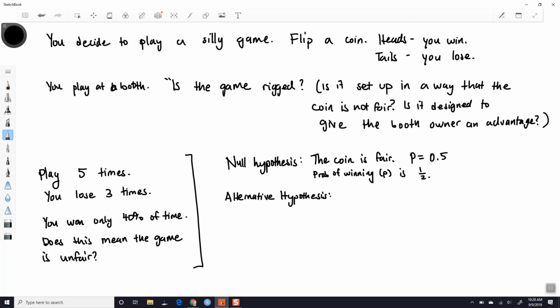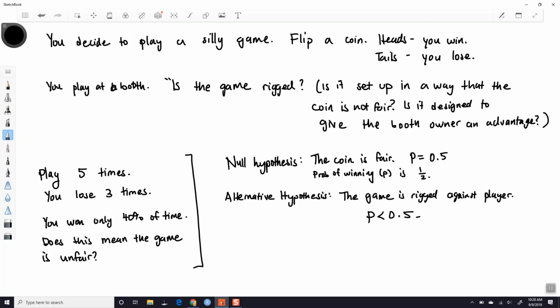That the probability of winning for the player is less than 0.5, okay? So we're going to say the game is rigged against the player, or we would say that P is less than 0.5, right?